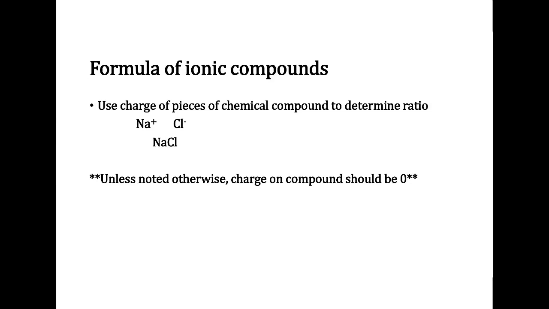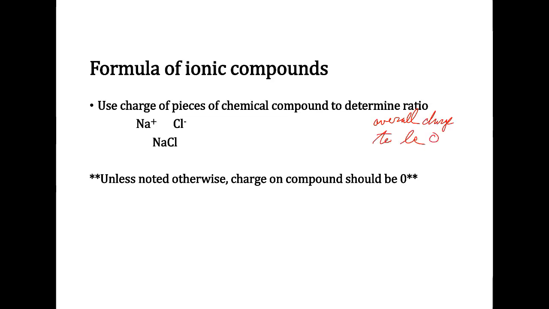So what we want to do is try to figure out how these ions are going to combine in a ratio such that the overall charge is 0. So we want to determine the ratio, and we want the overall charge to be 0.